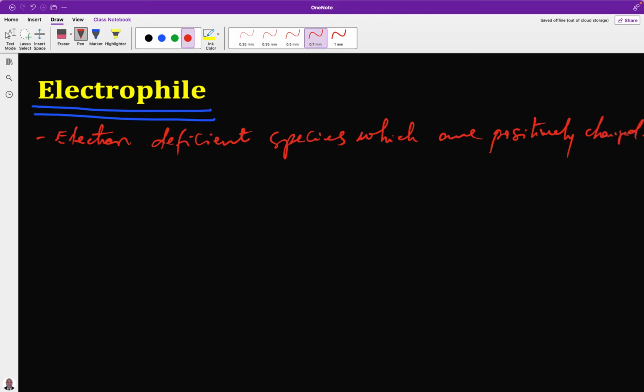An example of them is a proton. This is an electron deficient species. They lack electrons. They don't have full electrons. They are very unstable because they don't have full electrons, and very, very reactive.